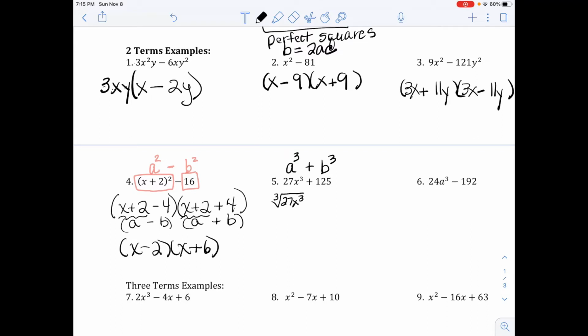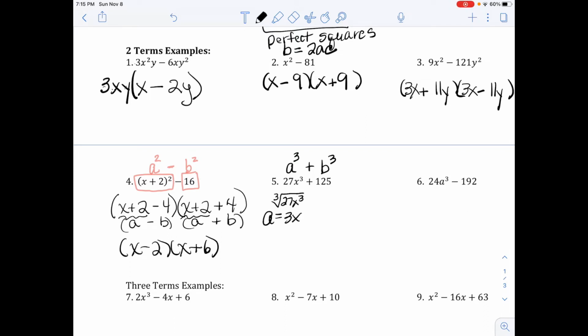So we have to look at 27x cubed, and we have to cube root it. So what we're looking at is what number multiplied by itself 3 times is 27, and what variable multiplied by itself 3 times is x, because that's x cubed. And so it turns out that A is 3x.